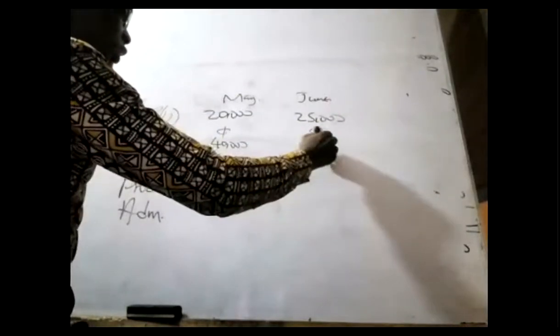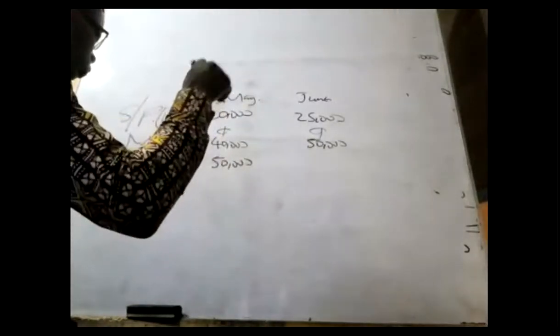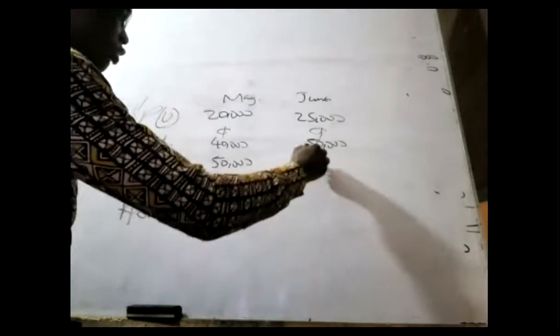Labor. Okay, so here to be 50,000 cedis. Here to be 62,500. Now, this one, let's do something. Let us say here is 70,000. Wow.